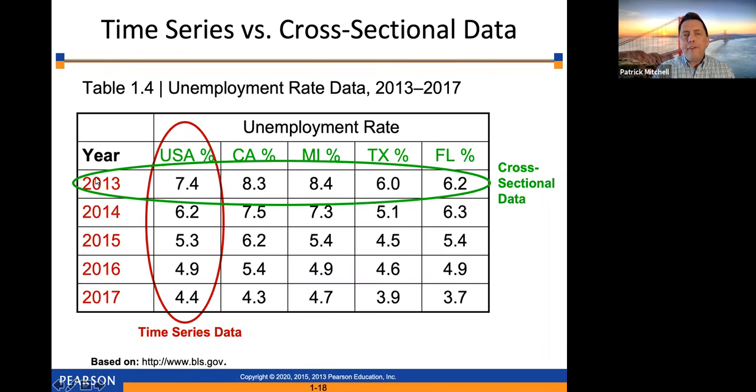However, if I were to focus on the year 2013 and compare the US overall with California, Michigan, Texas, Florida, that would be an example of cross-sectional data because I'm looking at those all at the same time.